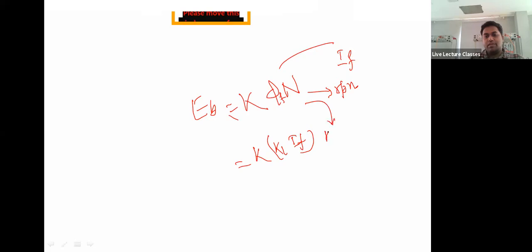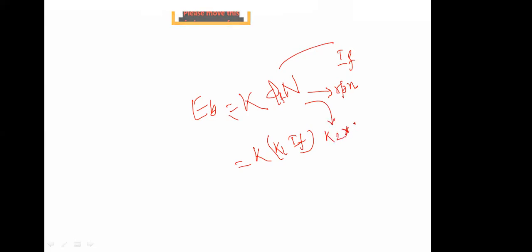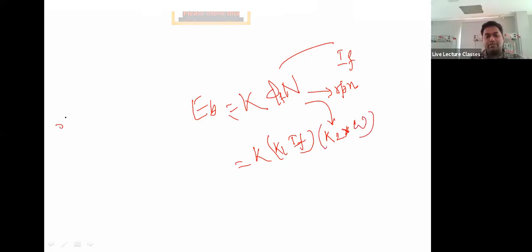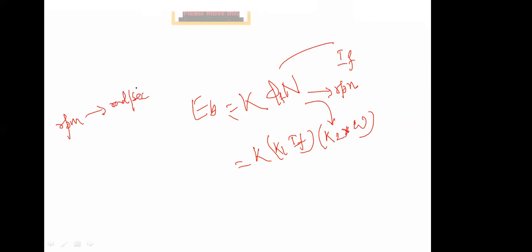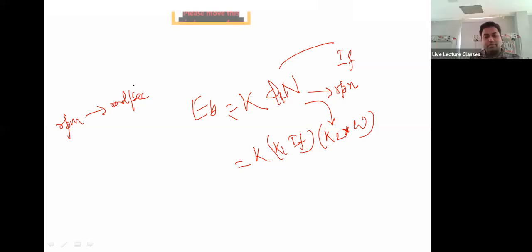Can we put something into omega? So we can change the RPM into radian per second, right? Is it possible? RPM to radian per second. Let's have a short numerical on it. Say 1 RPM is 1 rotation per minute, right?